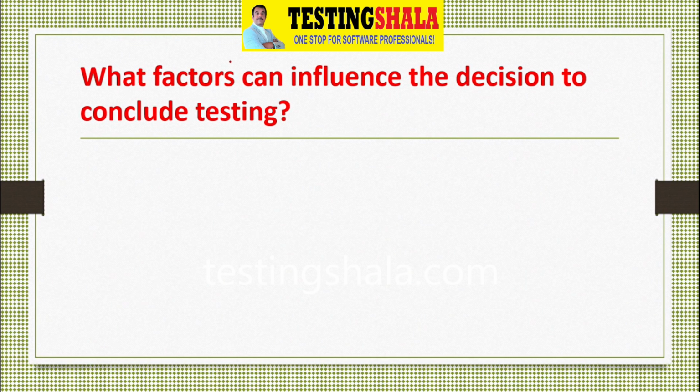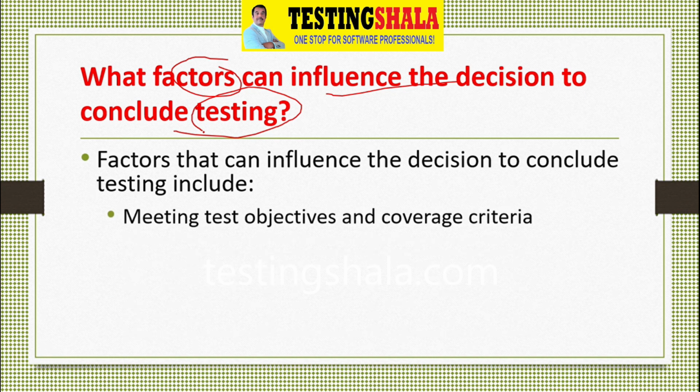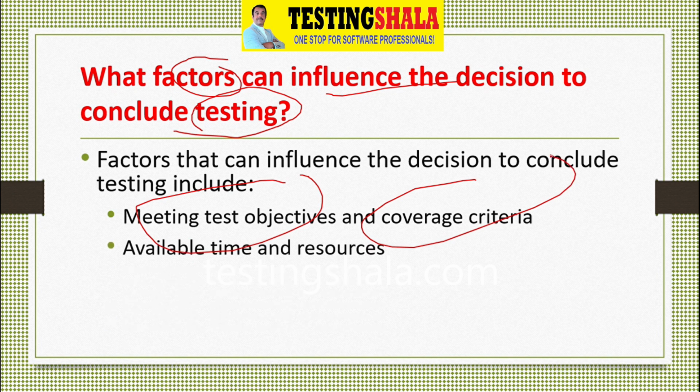The next interview question would be, what factors can influence the decision to conclude the testing? There are various factors that influence the call of deciding whether we have completed the testing or not. The first is meeting the objectives and coverage criteria, and the second is how much time we have and what kind of resources we have.